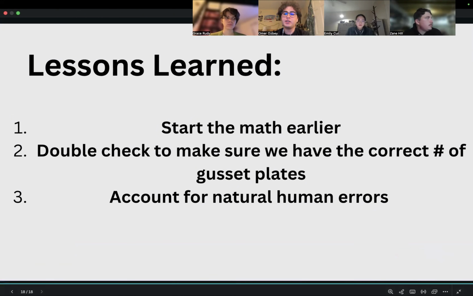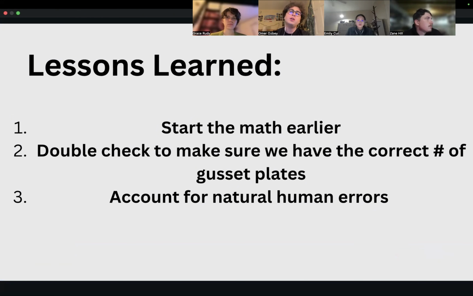While calculating the failure points, we didn't really account for how our construction methods might have compromised the structure of the truss or created points where the truss could be more susceptible to failure. So accounting for natural human errors was something we definitely skipped.